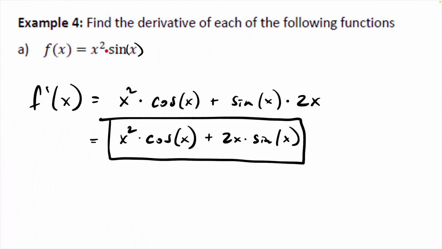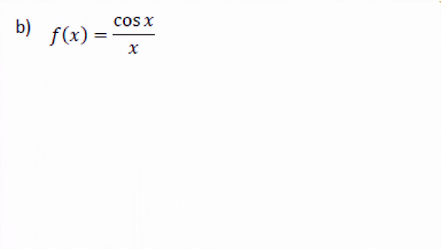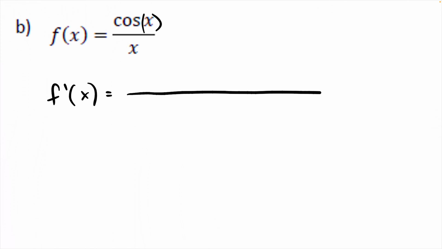Okay, let's try the next one. That's pretty good. This again. Cosine of x divided by just regular plain old x. We have division, right? Quotient rule. Bottom squared, low squared.